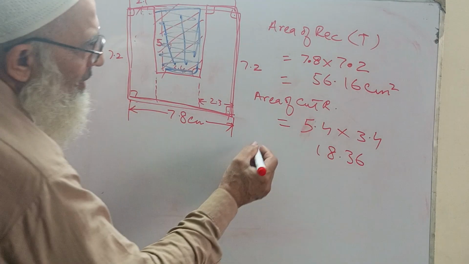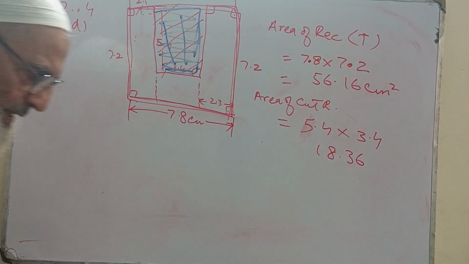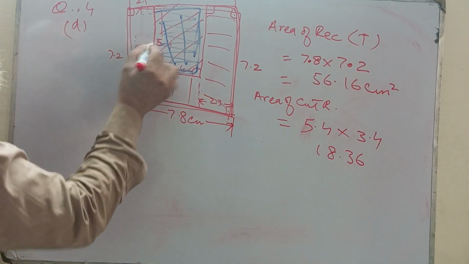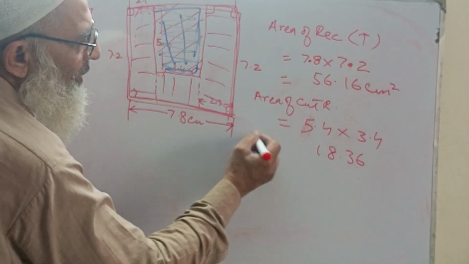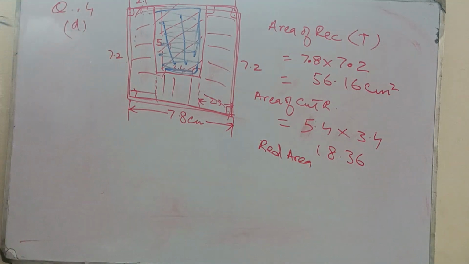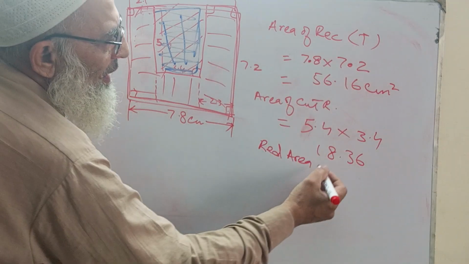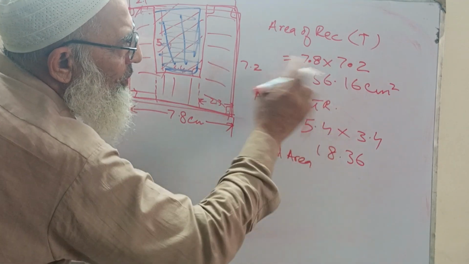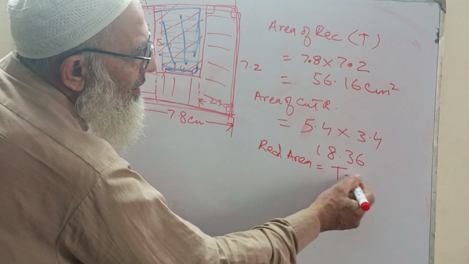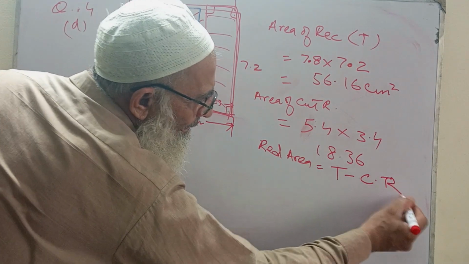Now we'll minus it from the total area, and this one is the red area. You can write R1, or whatever you like. The red area is the area of the total rectangle minus the area of the cut rectangle.